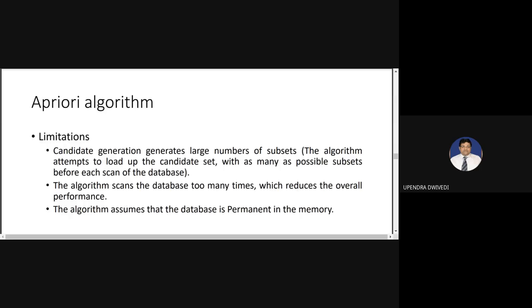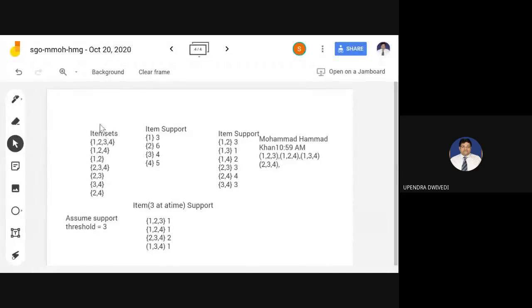It assumes that the database is permanent in memory, but that is not the case. When we are applying the Apriori algorithm, we assume that the whole item set, that is the list of items, say 1, 2, 3 up to 2, 4, should not be changed until we find the frequent item set.